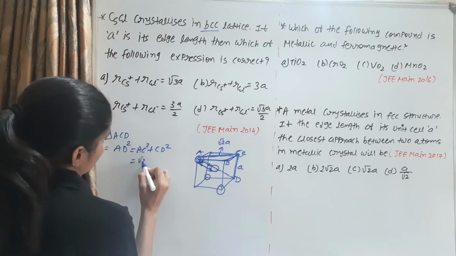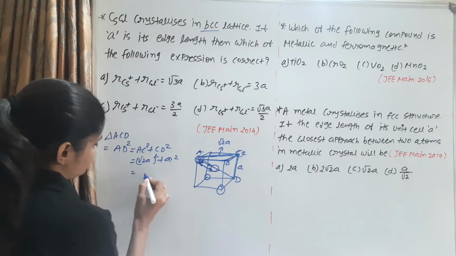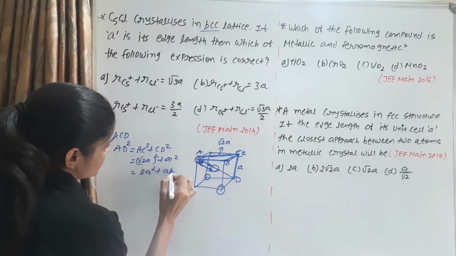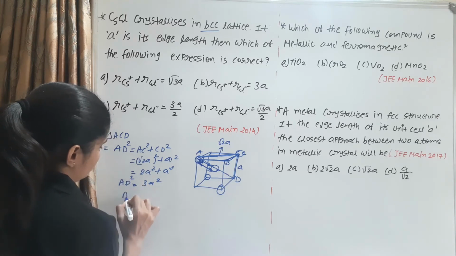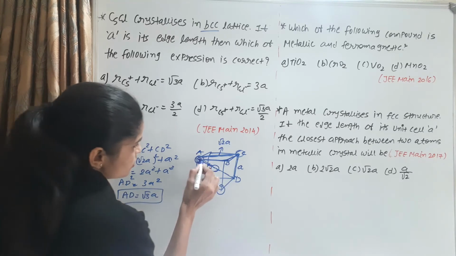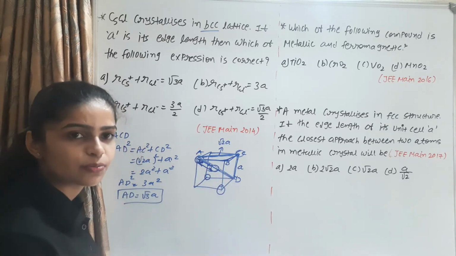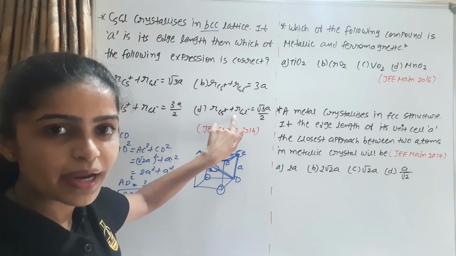AC square is root 2 A squared, which is 2A square, and CD square is A square. So 2A square plus A square is equal to 3A square, so AD square is 3A square. Then AD is equal to root 3 A. This total is root 3 A. But we find out the R Cs plus and R Cl minus value.